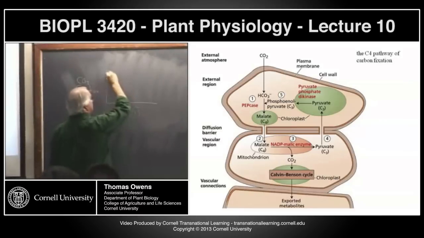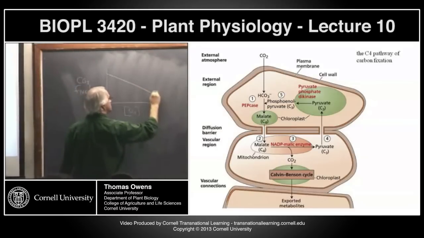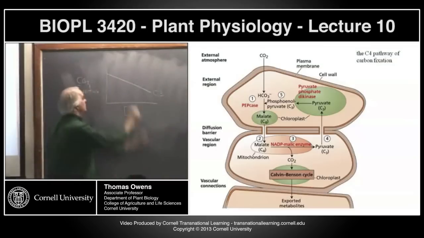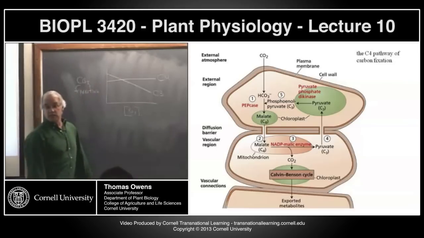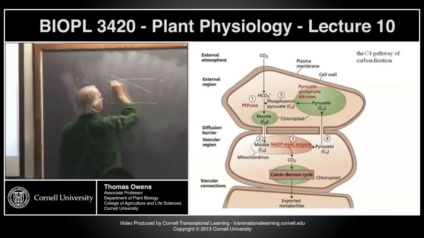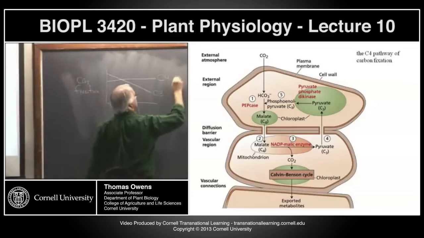So we said that C3 plants look like this. We said that C4 plants look like this. And there's another group of plants that have the same characteristic. And these, so pretty much the same thing as C4. And these are called CAM plants.